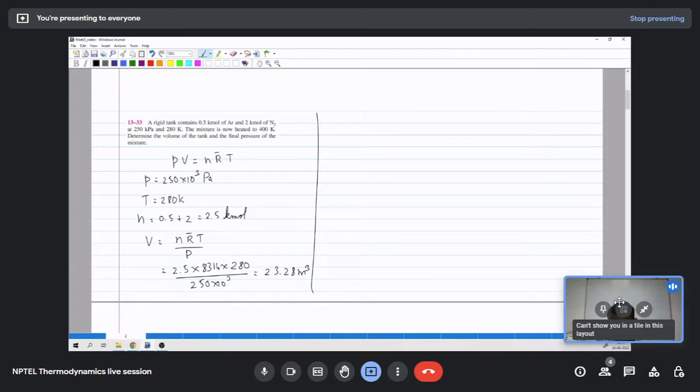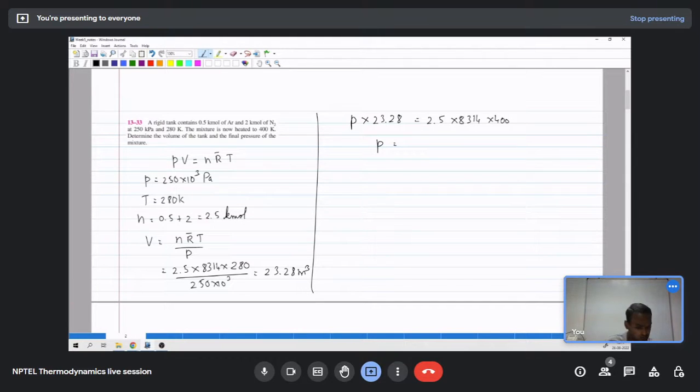Now it is said that it is heated to a final temperature of 400 Kelvin, and I need to calculate the final pressure of the mixture. Again applying PV equal to nRT, since it is a rigid tank, the volume doesn't change when we heat. So I can take the same volume as the initial volume, and the number of moles wouldn't have changed, into 8314 into 400.